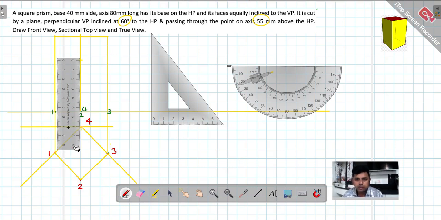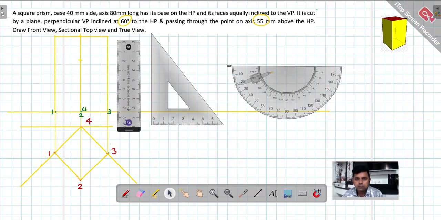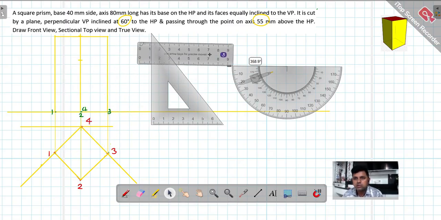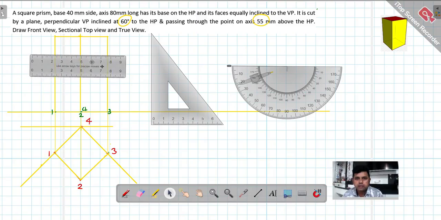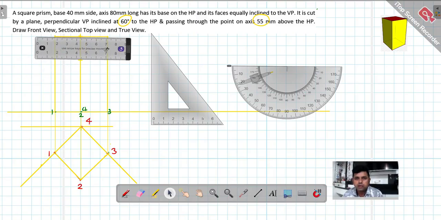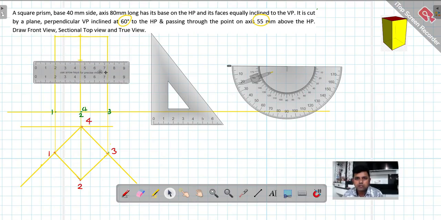So therefore, what I will do, I will again rotate this exactly horizontal. I will take it here, of course parallel to this. From here, I will draw a small line, and that is nothing but a construction line. You can draw a big line also, no issues.